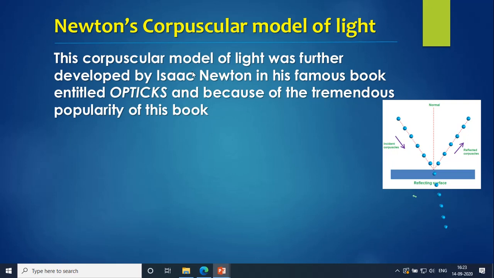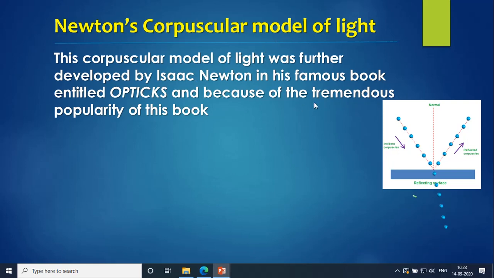Under this model, Newton has modified the predictions or the theory developed in the corpuscular model of light. In those days, people did not readily accept the predictions made in the corpuscular model of light. That might be the reason Newton took this model and improvised it.